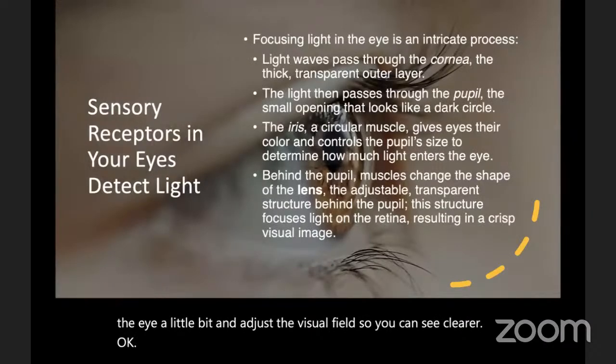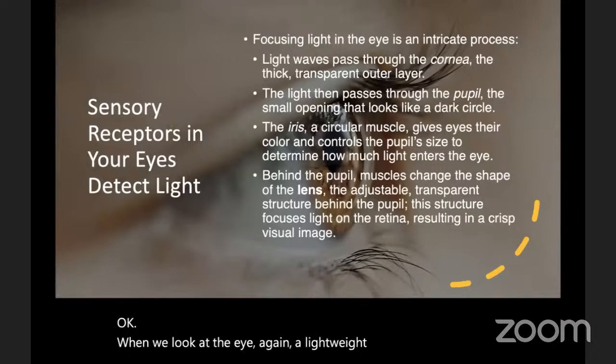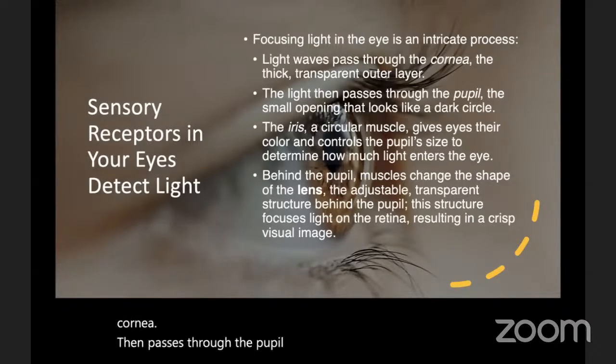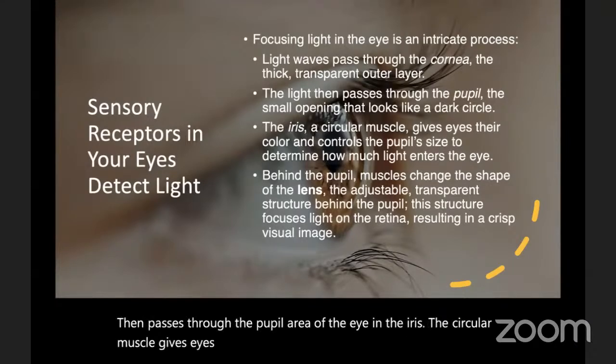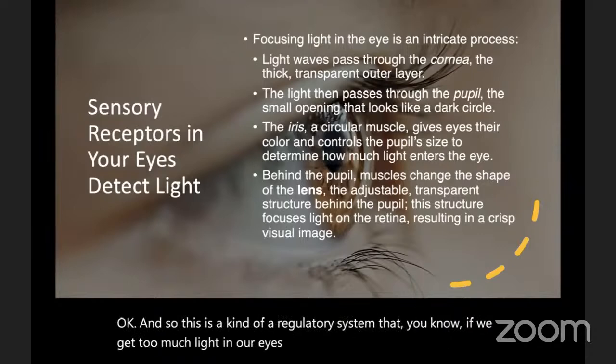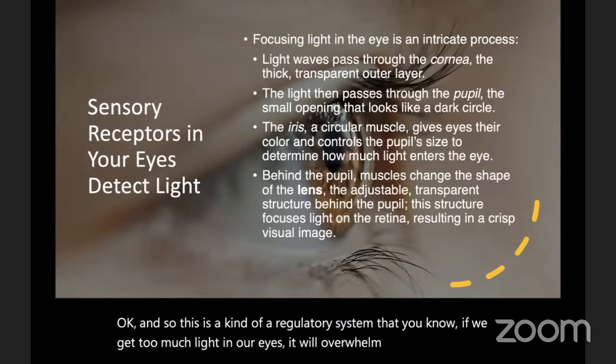When we look at the eye again, the light waves pass through the cornea, then pass through the pupil area of the eye. In the iris, the circular muscle gives eyes their color and controls the pupil size of the eye. Okay. And so this is a kind of regulatory system that, if we get too much light in our eyes, it will overwhelm the sensory system.